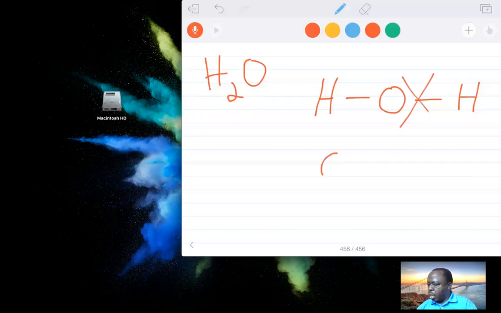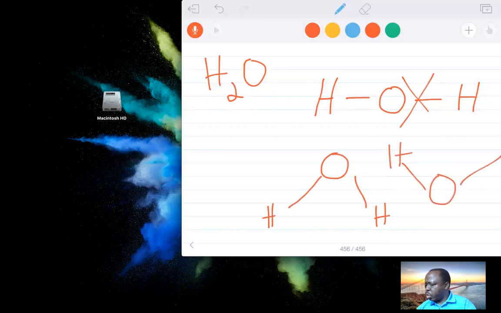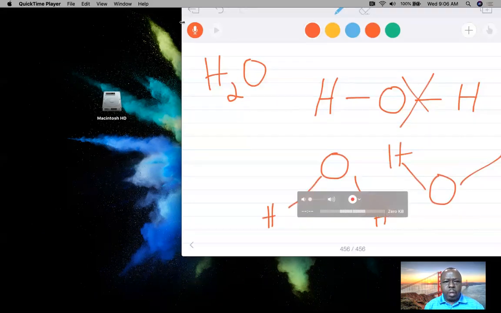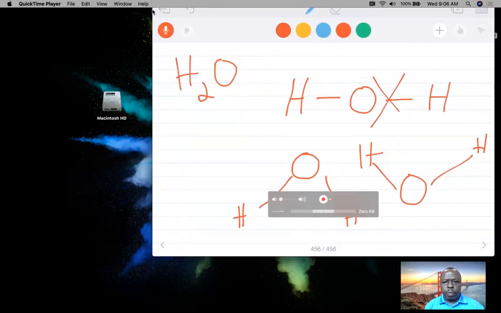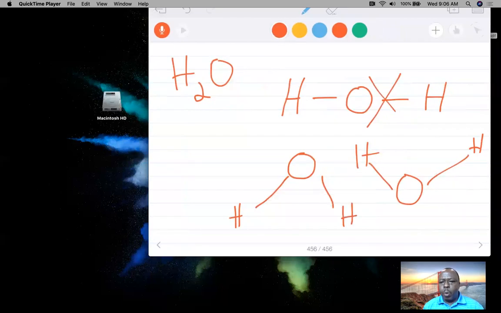It can be like this, or like this, so long as this geometry is assumed. This is the actual shape of the water molecule. How do we know that? By using state-of-the-art equipment or instruments. Chemists are able to see that, but in the lab we can use models to construct molecules.